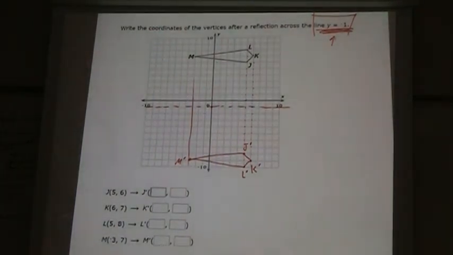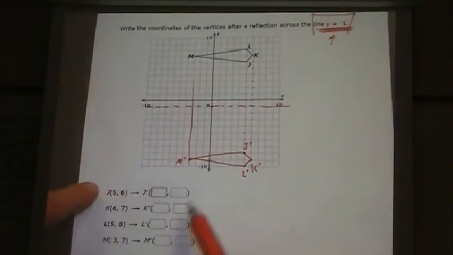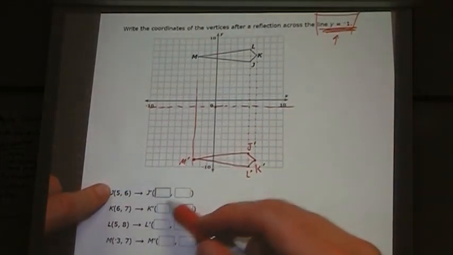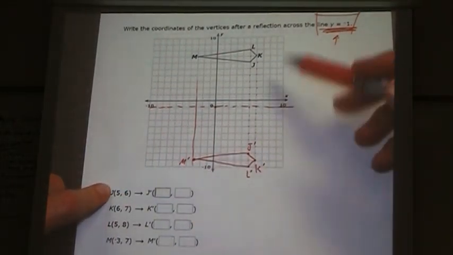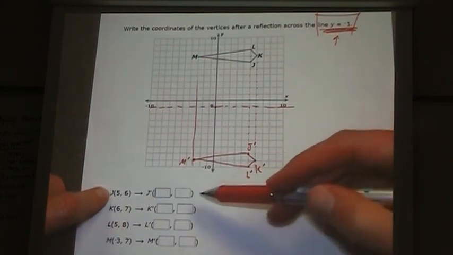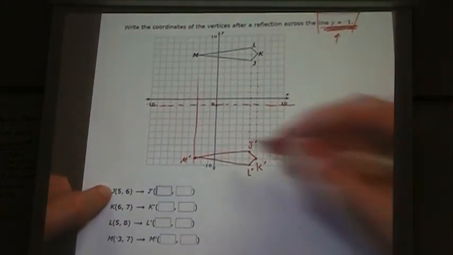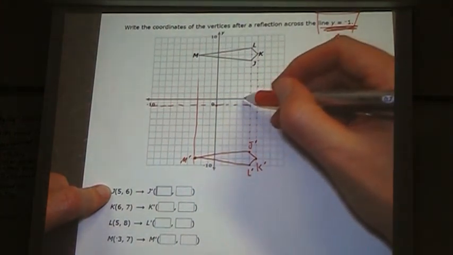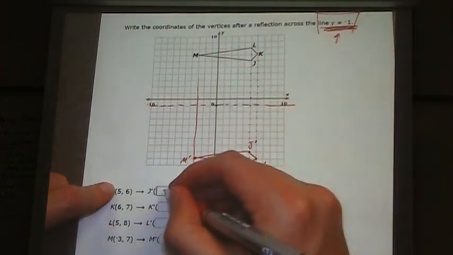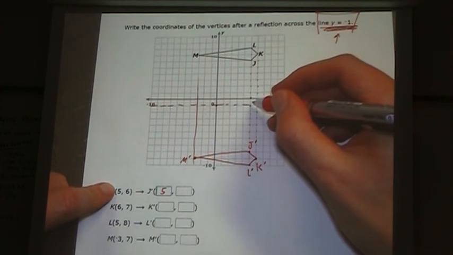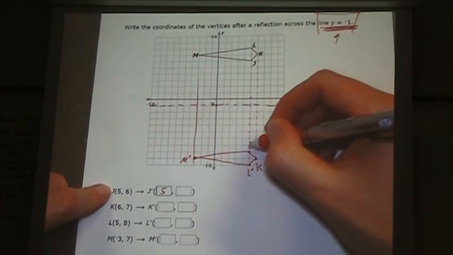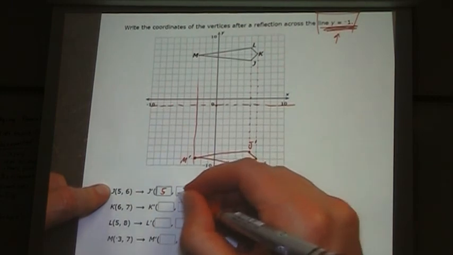Okay, and then you just get the points. So J, new point. Now this is where the x and y matters again. So we didn't care about it when we did our graph, but now that we're finding the coordinates, now we care about it. So J becomes 1, 2, 3, 4, 5. So that stays the same. But then the 6, 1, 2, 3, 4, 5, 6, 7, 8, -8.